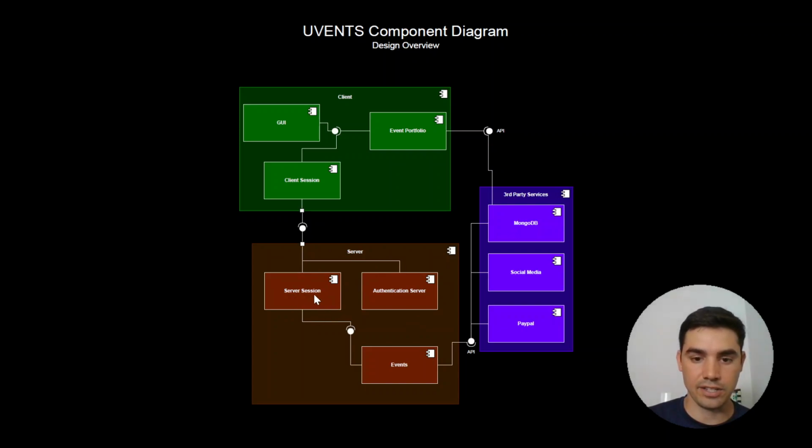Then they can get access to the server, and they have more abilities with managing their account and notifications. All that's housed inside here in the service session. They also have access to the event component, which has the ability to share and make payments. So this is an overview of our component diagram.